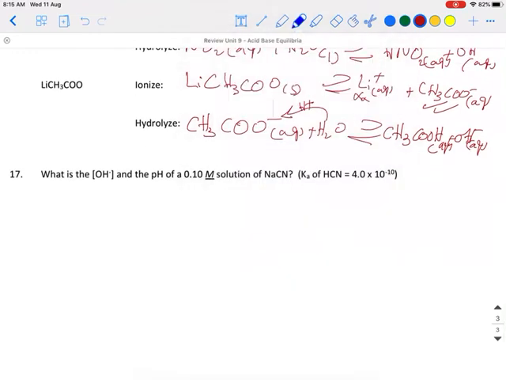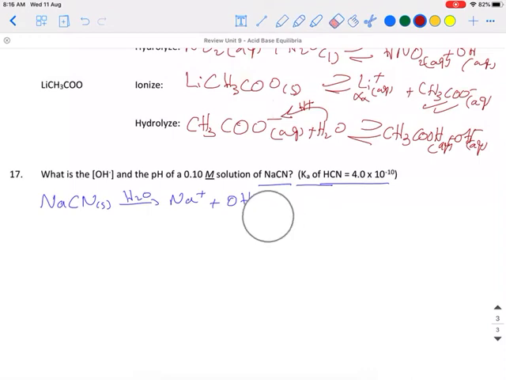The last problem: what are the OH minus and the pH of a 0.1 molar solution of sodium cyanide, and the Ka of hydrocyanic acid is given to me. First of all, sodium cyanide is a salt. In the presence of water, it gives the corresponding Na plus and CN minus.